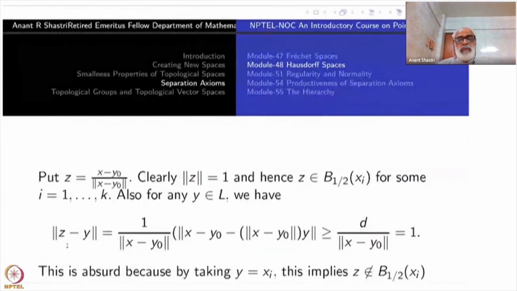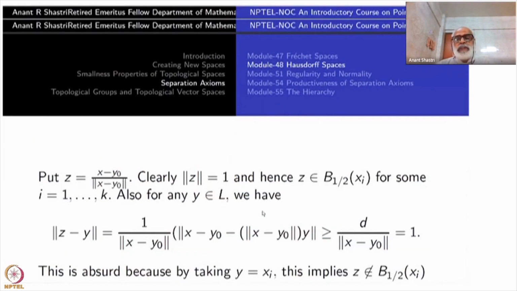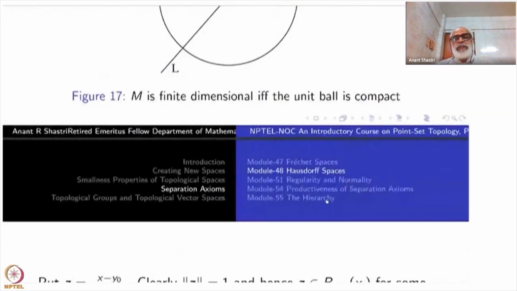So what we have shown is that for every point y inside L, the distance between z and y is bigger than or equal to 1. That is the absurdity, because all these xi's are inside L; we have chosen those things inside L. That is why this picture is funny, because it is an absurd picture.